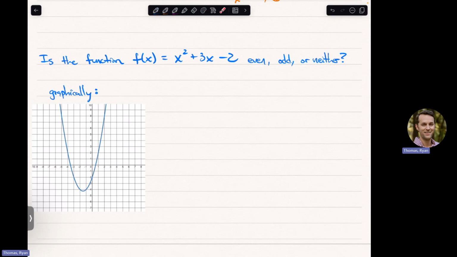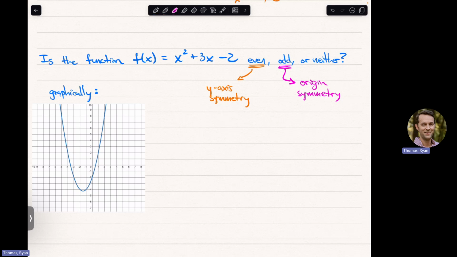Now, even functions have y-axis symmetry. Odd functions have origin symmetry. And for our purposes, these things are really equivalent.